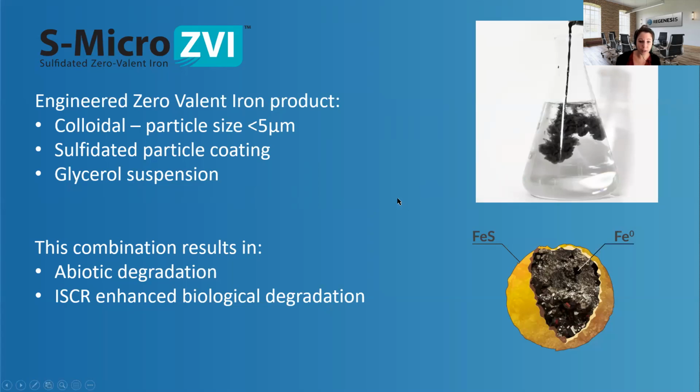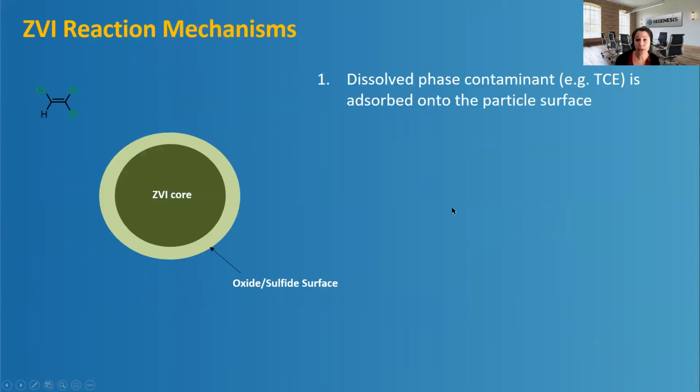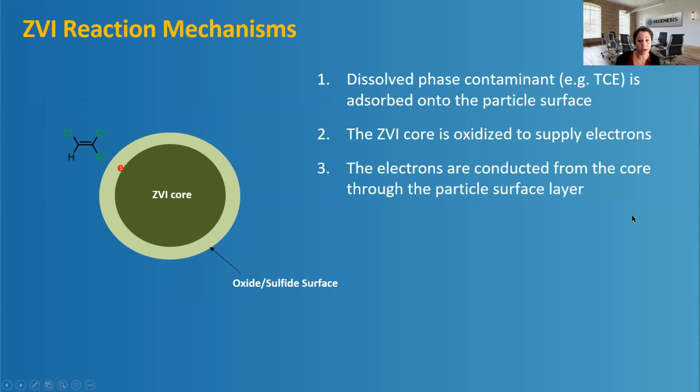In this case, adding to the sorption the process of chemical reduction, there is direct degradation of the daughter compounds and of the parent compound. And it also allows us to regenerate the PlumeStop, destroying the compound. So how it works: the dissolved phase contaminants, for example the chlorinated solvents, are sorbed onto the particles of zero valent iron, and then they are electrochemically reduced.